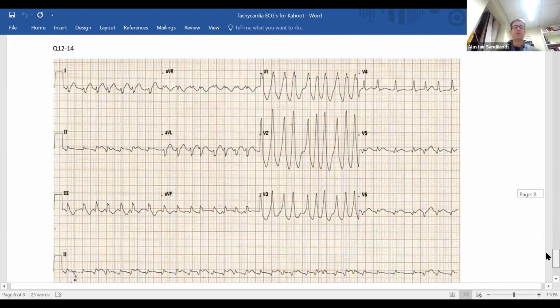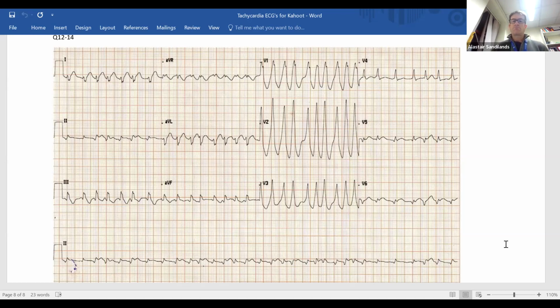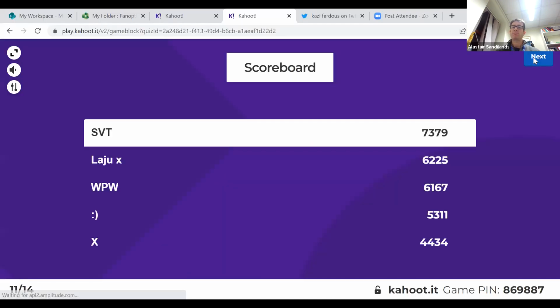And finally, this ECG for the last few questions, please. Okay, last few questions.